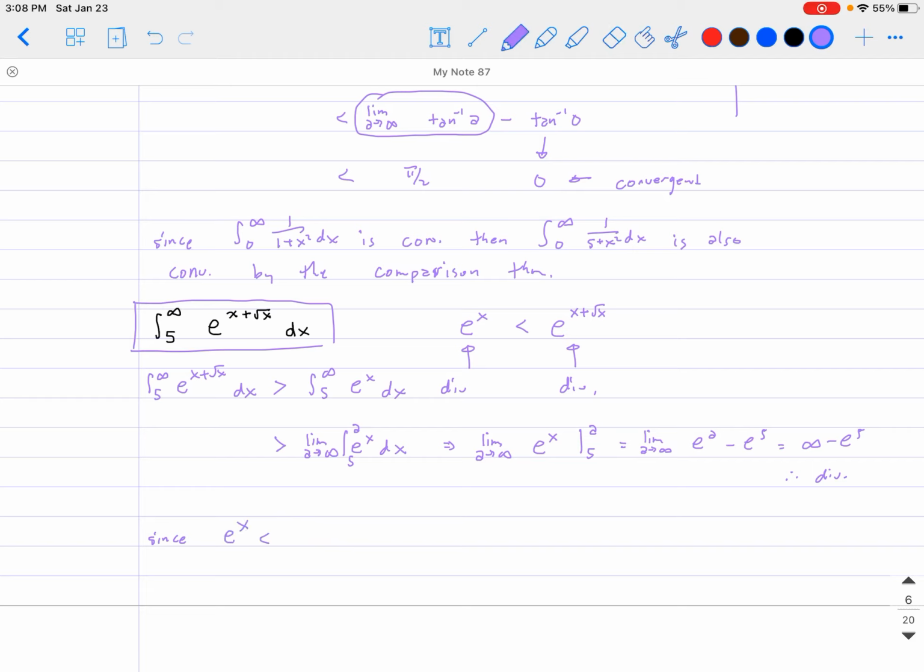Since e to the x is less than e to the x plus square root of x, then by the comparison theorem, because the comparison test is something else, which is actually very similar, the integral from 5 to infinity of e to the x dx is going to be less than the integral from 5 to infinity of e to the x plus square root of x dx.